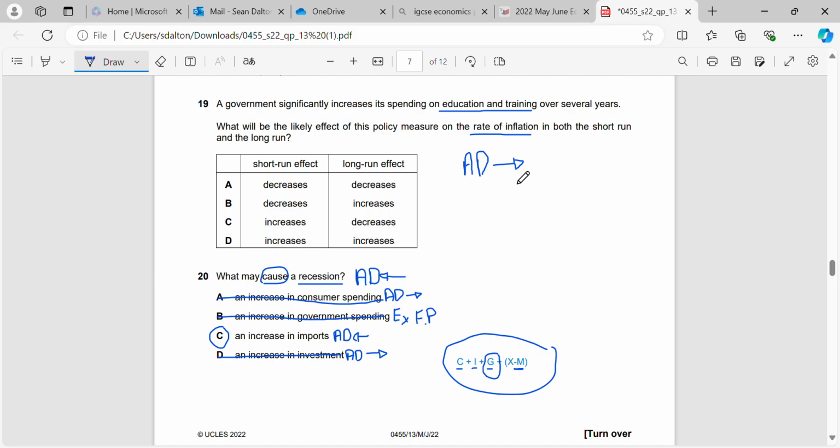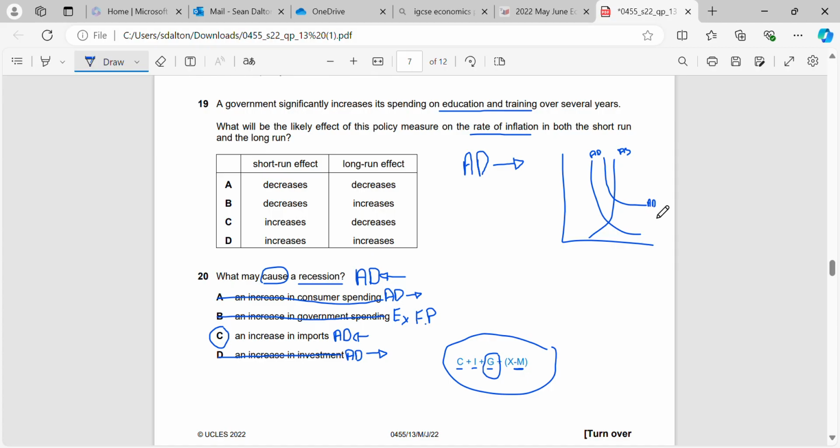Okay, now what does that do? If AD shifts to the right, I'll just put AS here and AD, it's possible that it raises the price level, therefore it will create inflation in the short run. Okay, so over a short period of time.